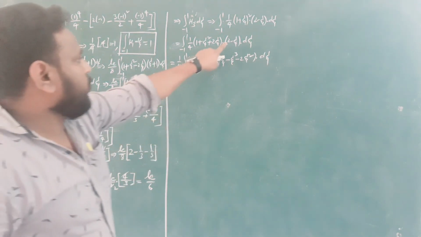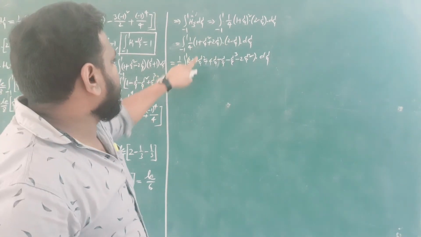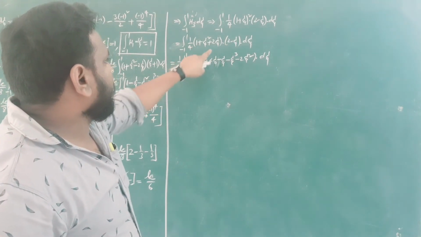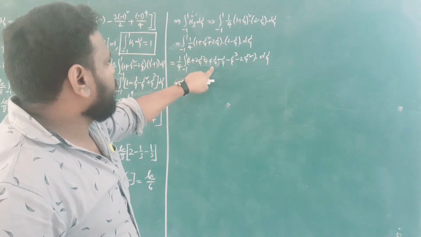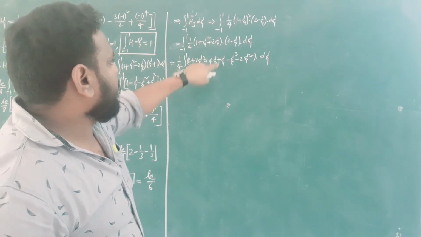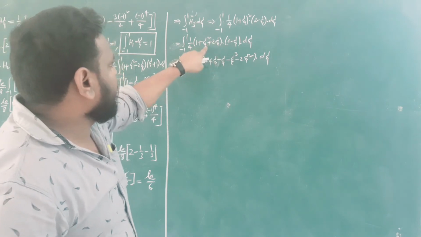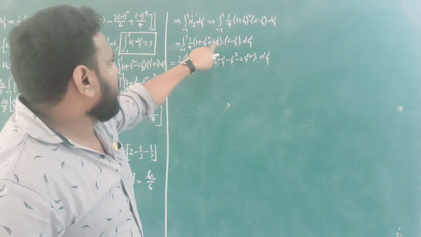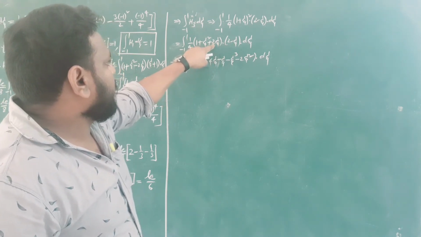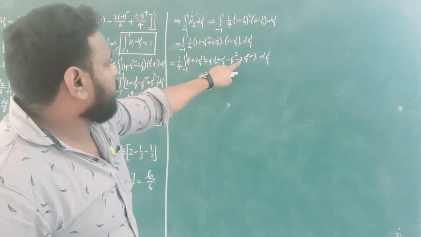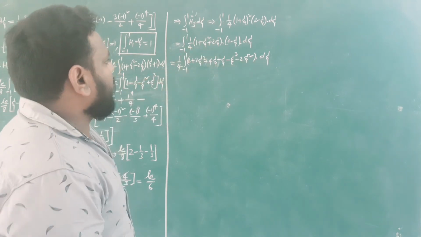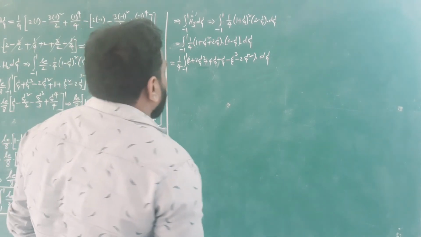So once check it. With respect to 2, the multiplication is 2 plus 2j square plus 4j, minus j, minus j cube, minus 2j square. We got this equation right.